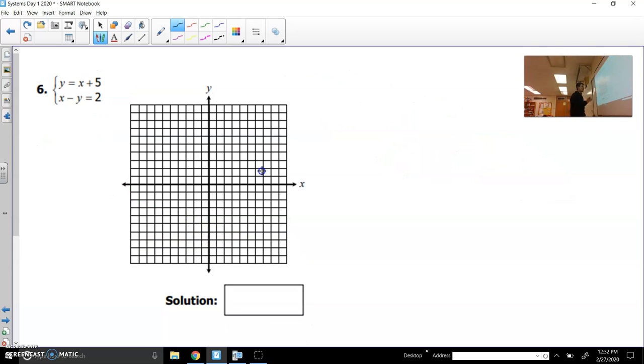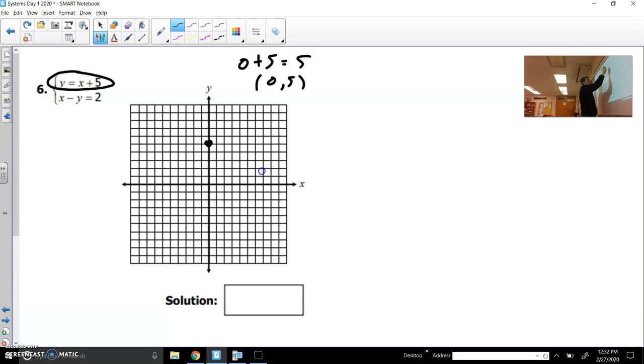So again, looking at this and knowing which equation is easy to graph because it's ready for graphing, that's very important. For example, this first one is in mx plus b. I can start at 5. If you plug in 0, you get 5, so 0, 5 would be a point on that line.